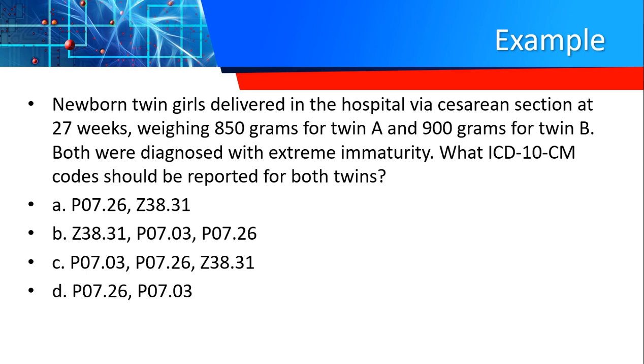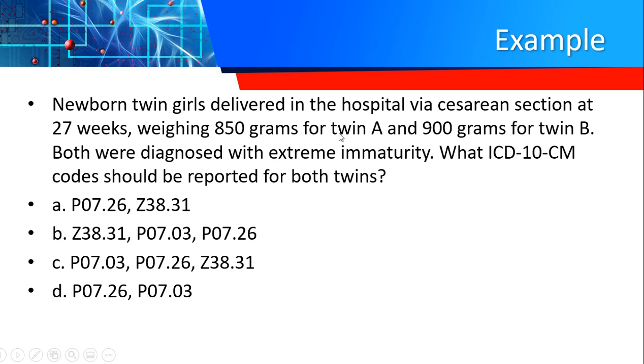But since it's only 27 weeks, meaning there's a short gestation, correct? So for this one, you are going to use your P07. And remember, there's a weeks of gestation being stated here, which is your 27 weeks. And you also have your weight. Now, as per your guideline a while ago with P07, you need to code for the weight first, followed by the gestation, correct? So in here, you need to have two codes for P07.